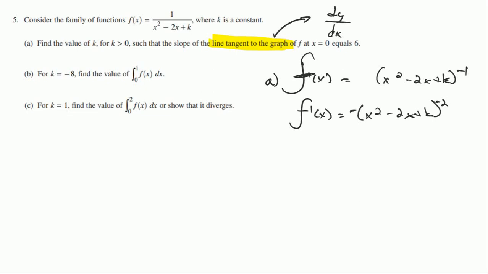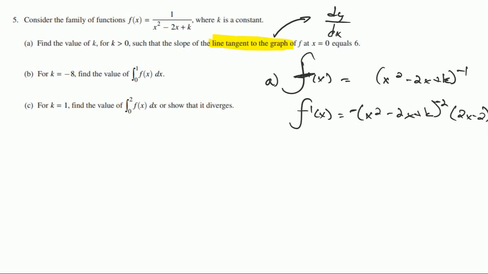The inner piece is going to be 2x minus 2, and I'll just leave it like that. We're looking for k such that this whole thing equals 6.